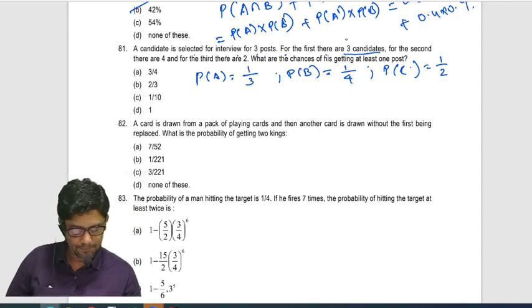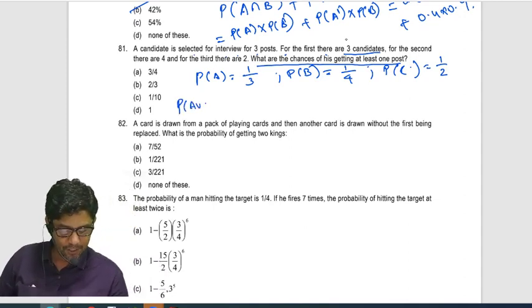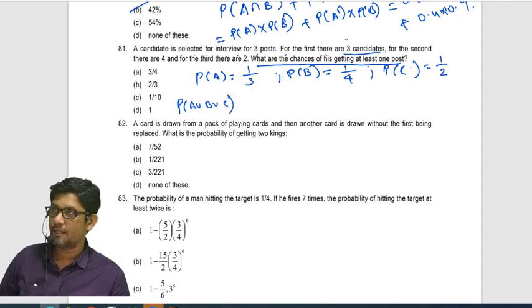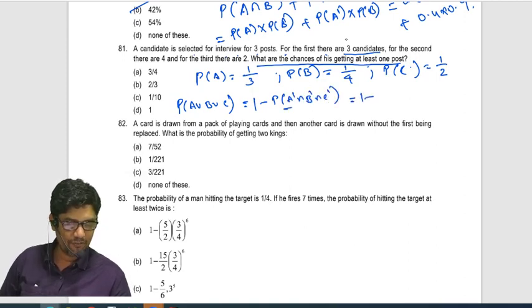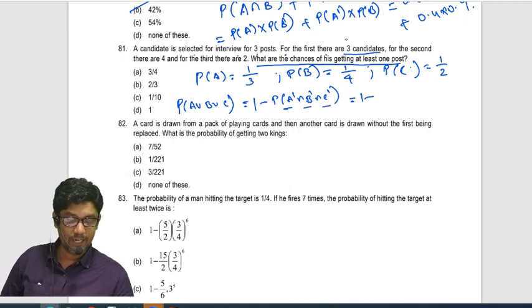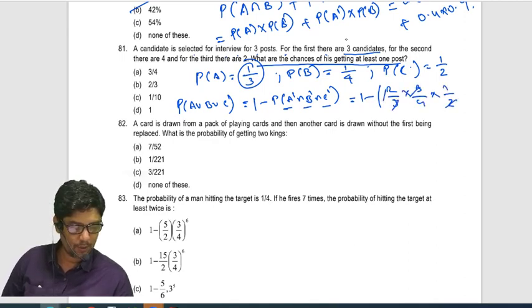Now the question is, what are the chances of getting at least one? I think you know the meaning of at least. What is it? P of A union B union C. But instead of doing it, simply what you'll do? 1 minus P of A dash intersection B dash intersection C dash. De Morgan's law. 1 minus P of A dash into P of B dash into P of C dash. So 1 minus, what is P of A dash? 2/3, 3/4 into 1/2. Cut. 1 minus 1/2, 3/4.